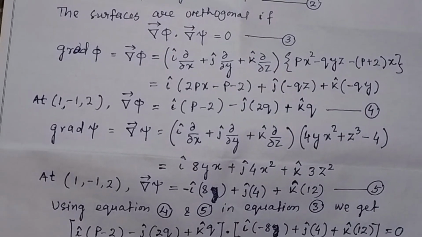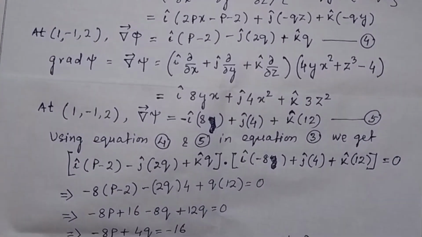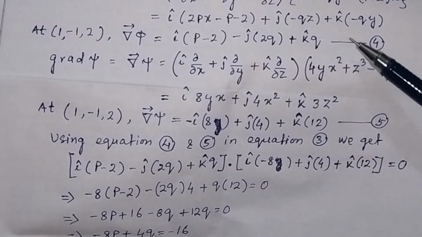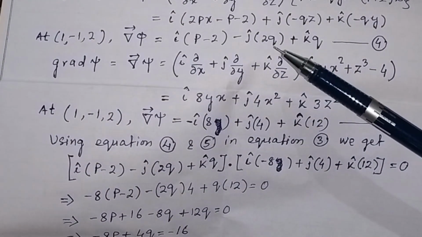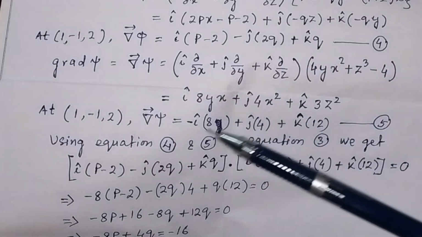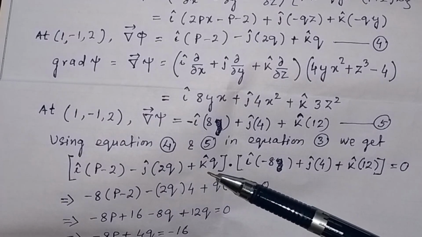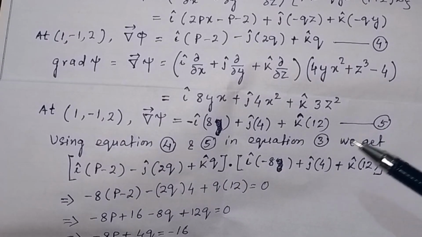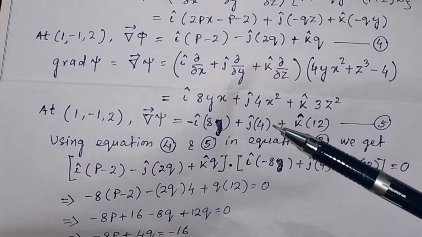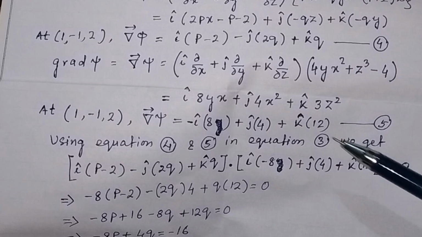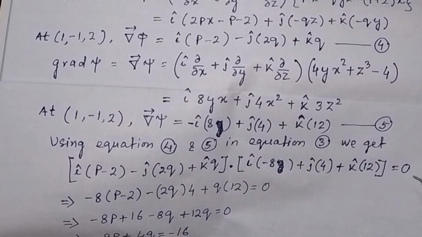So if you put the value of equation 4 and 5 in equation 3, then you will get the dot product of the gradients. From equation 4, this is equal to i cap (p minus 2) minus j cap 2q plus k cap into q, and from equation 5 you have minus i cap into 8, or i cap into -8, j cap into 4, then k cap into 12, and the dot product of these two vectors will be equal to 0.